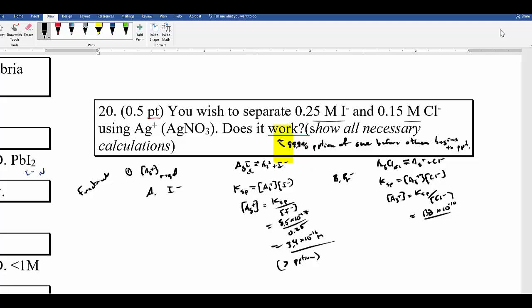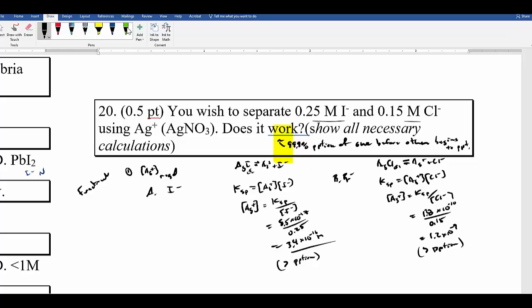And then the chloride is 0.15. 1.8 times 10 to the minus 10 divided by 0.15 is 1.2 times 10 to the minus 9. Greater than this concentration of silver ion will result in precipitation.